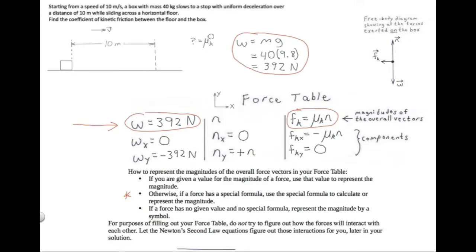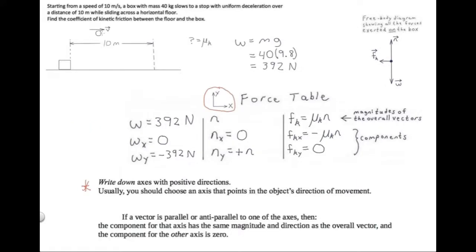After all, mu sub k is what the question is asking us for, and we don't have yet a specific number for the magnitude of the normal force. So we just use this formula itself to represent the magnitude of the overall kinetic friction in the first row of our force table. And since there's no special formula for the magnitude of the normal force, we just represent that magnitude with the symbol lowercase n.